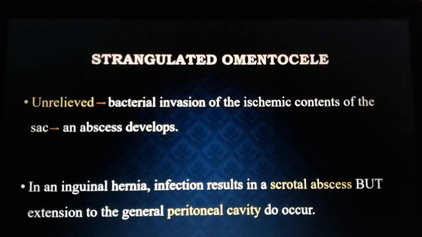It is tender, tense, and the overlying skin is red and edematous. The causes we have just discussed. If the patient is presenting with acute appendicitis in an inflamed hernia, obviously appendicectomy will be possible through the hernia. Treatment is based on treatment of the underlying cause.